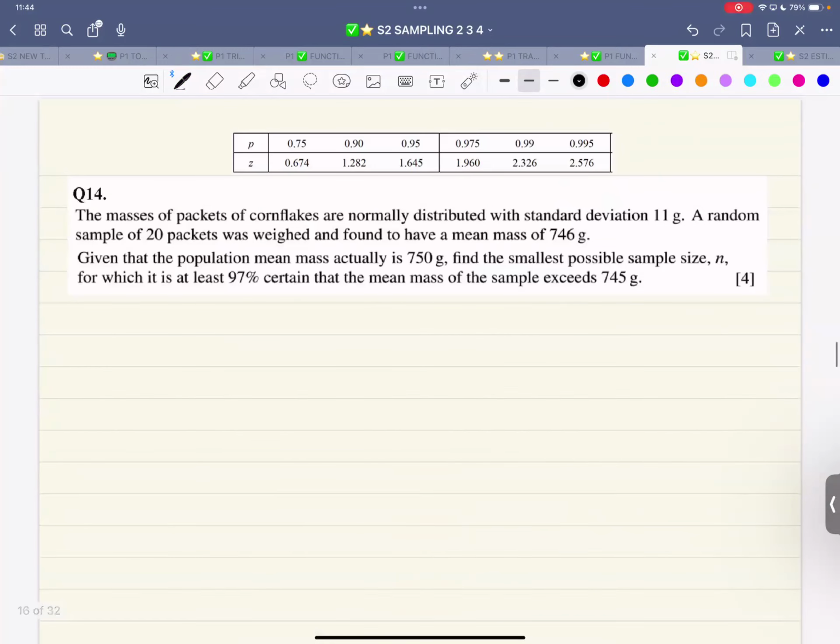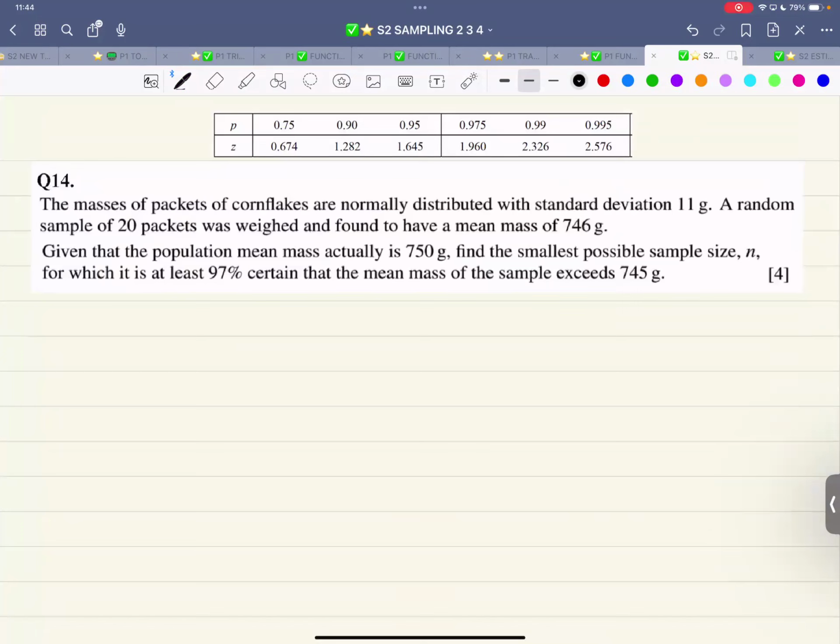Okay, now, another question. It says the masses of cornflakes are normally distributed. Now, this is already normal distribution with standard deviation 11 grams. A random sample of 20 packets was weighed and found to have a mean mass of 746 grams. So this is about mass of packets of cornflakes.